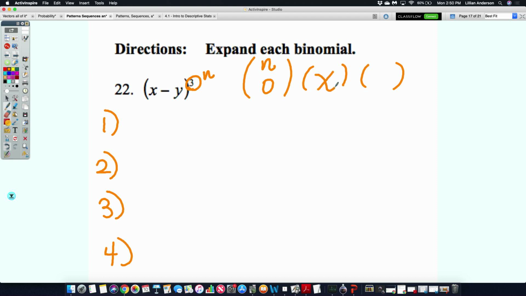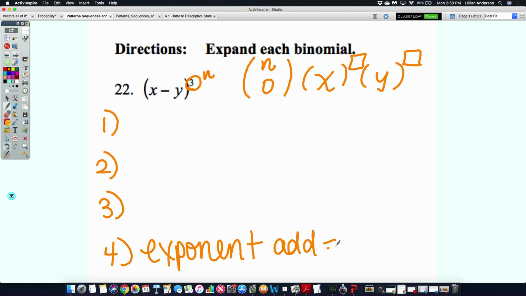Your last parentheses, second term. And these had exponents that added up to n. So that was one of the things: your exponents had to add up to equal n no matter what for every single term in that expansion.